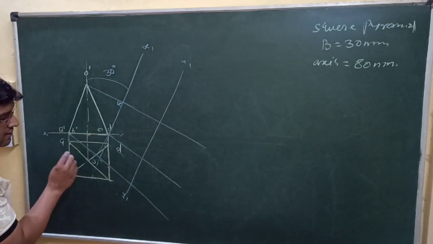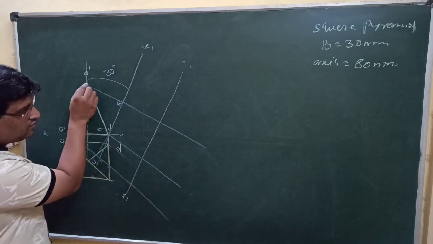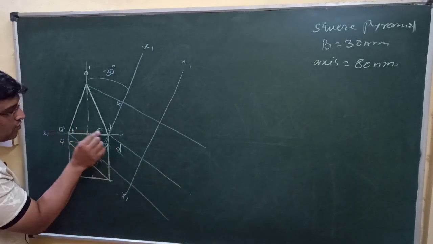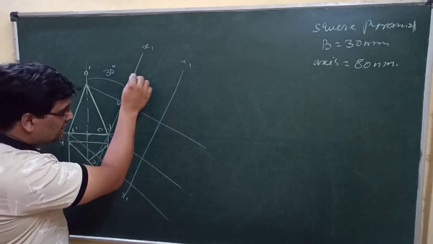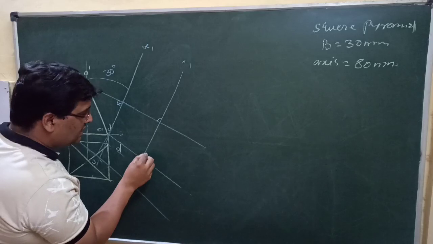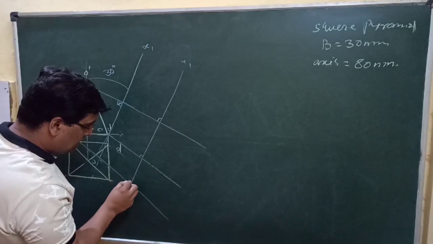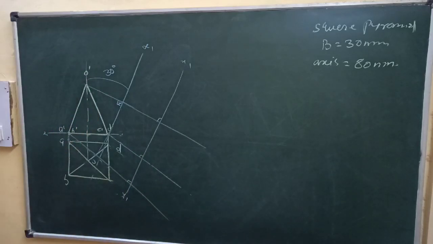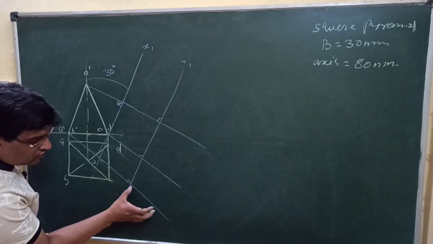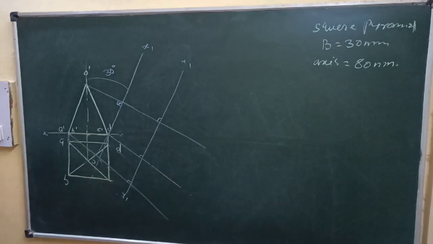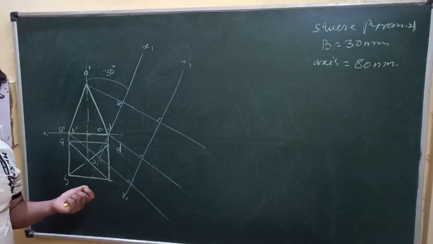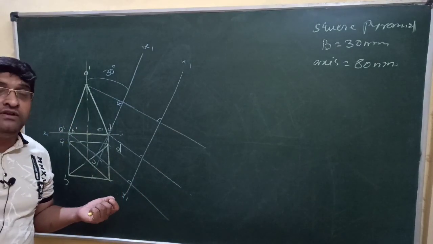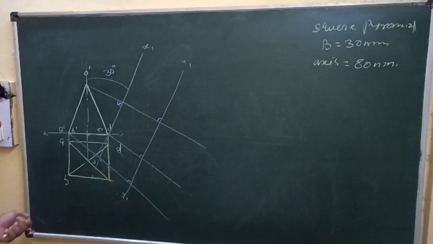Now we have to draw the perpendicular lines from all these points of the front view on this line x1 y1. So these lines are 90 degrees to the new reference line. We have to cut the distances on these lines. This method we have already explained in my previous video. I will provide the link for that video also in the description section.